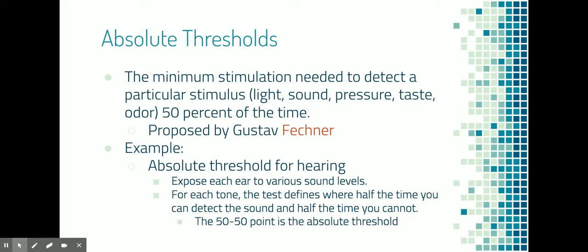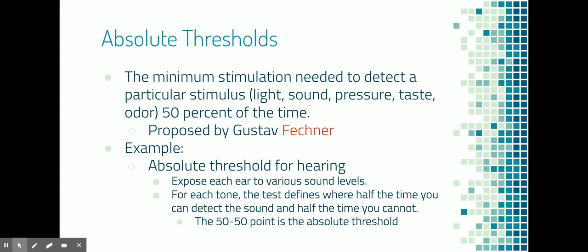So the first idea about thresholds was proposed by Gustav Fechner. If you remember, that's one of the names that we need to know. Fechner said that human beings in general have a minimum amount of stimulation needed to detect a particular stimulus, such as light, sound, pressure, taste, or odor, at least half of the time.